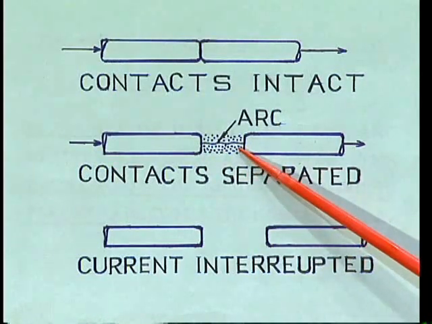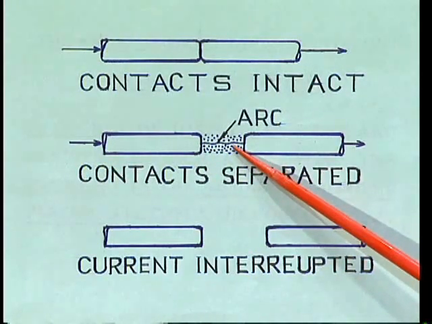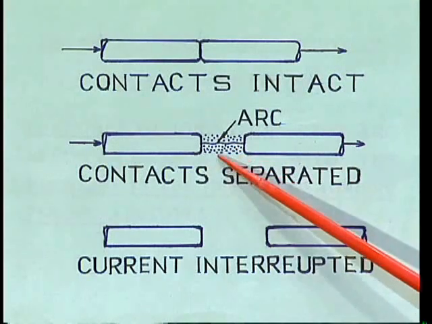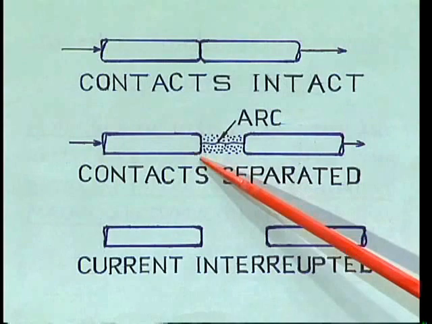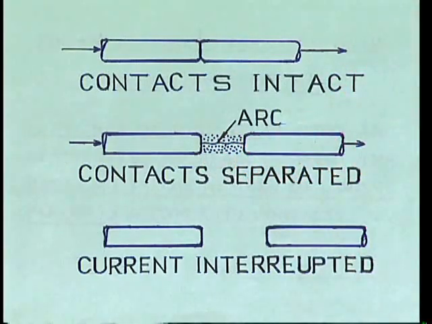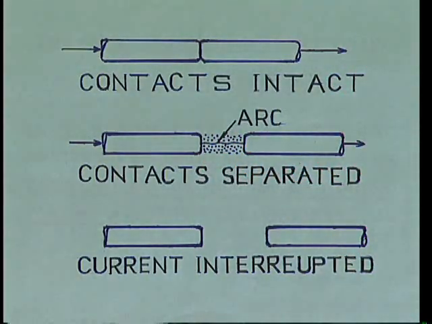Arc is nothing but a bright luminous glow of electric current flowing through the gap between the contacts of the circuit breaker. Due to the arc, heat affects the surrounding air, if the contacts are surrounded by air, or the oil, if the contacts are surrounded by oil.